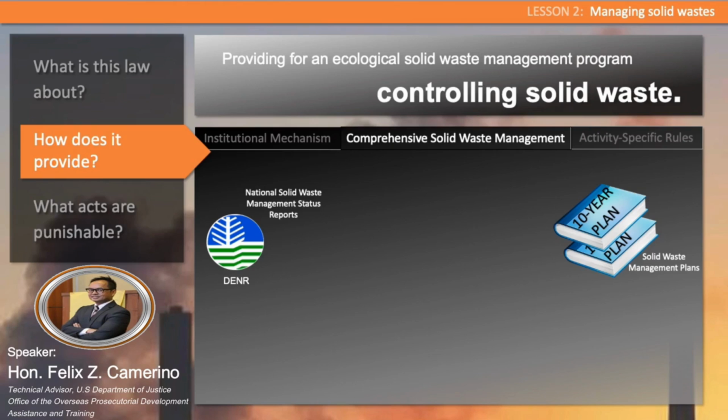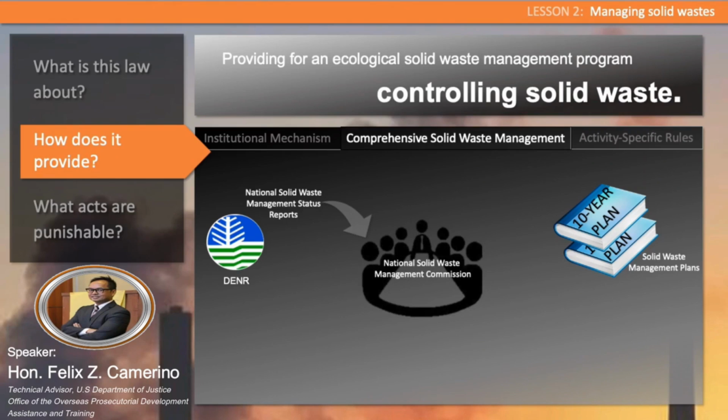Okay, so that leads to the next question: how do these reports end up becoming part of that framework? Okay, well, again, these reports eventually get submitted to the Commission, the National Solid Waste Management Commission, and that commission, as we've said, is comprised of who's who in the government.